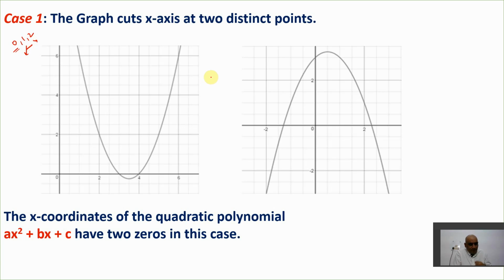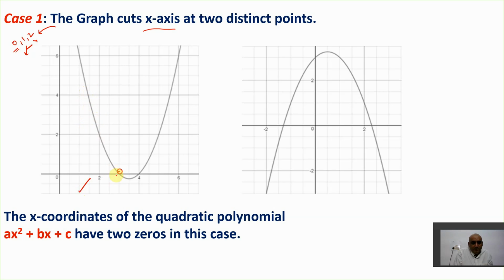Now, the first case is where the graph cuts the x-axis at two distinct points. So when I am talking about 2 points, that means the highest degree here is 2. We have studied that the graph becomes a parabolic shape in a quadratic equation. Now see this diagram here.